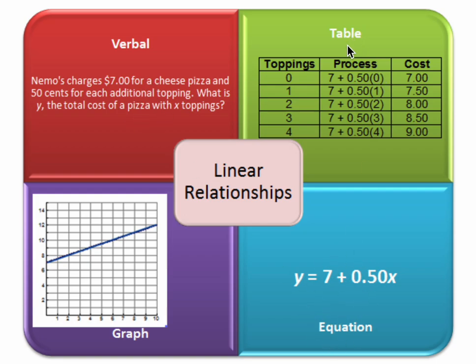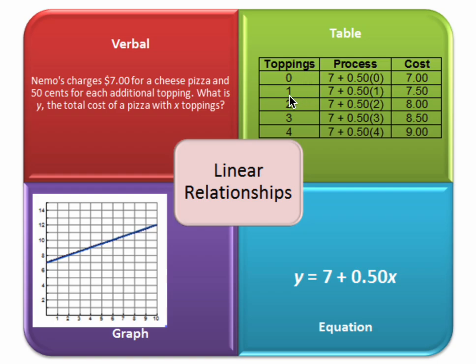Then how to do your table? Let's do toppings as your x, and the cost as your y value. In between is your process. If you don't have any toppings, that would be 7 plus 0.50 times 0, correct? So you end up with 7.